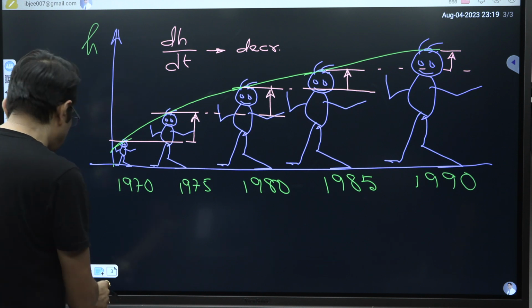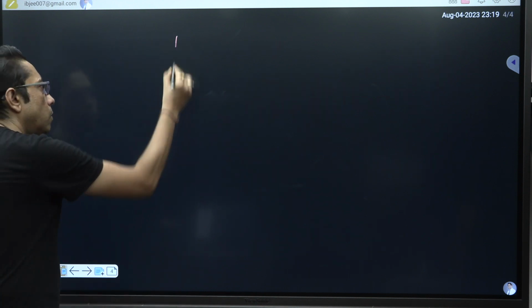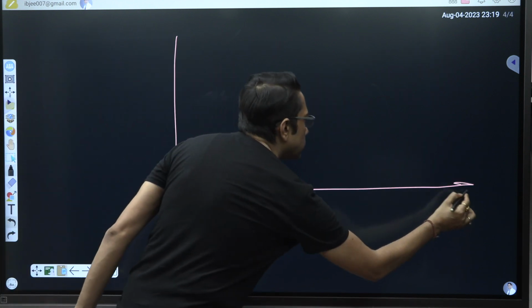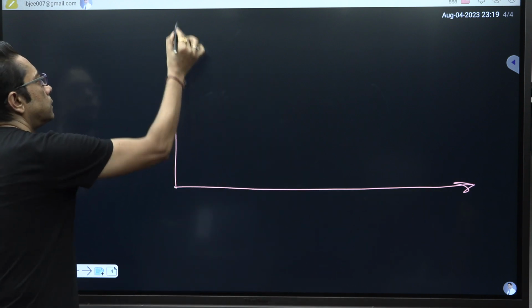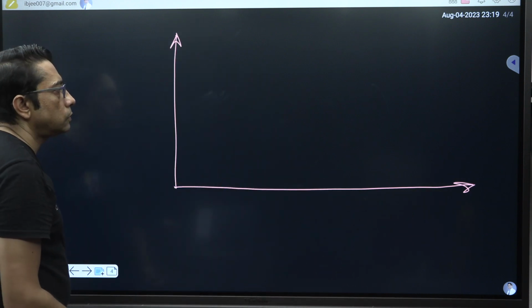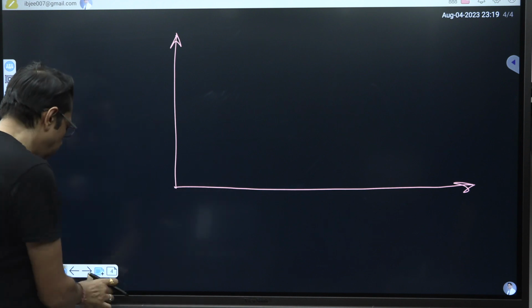But we don't understand how the rate of change of height can become constant. Okay, tell me one thing.